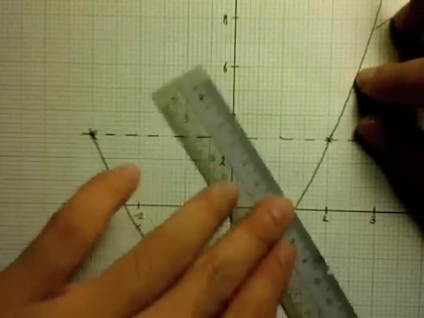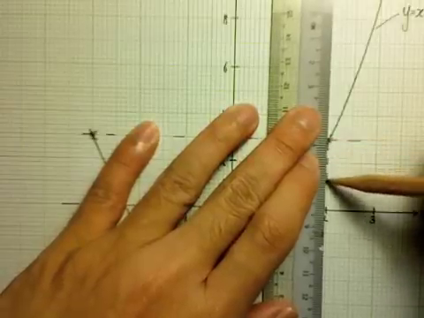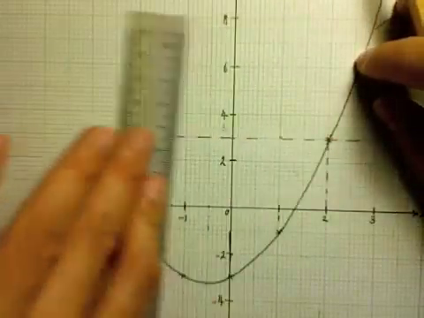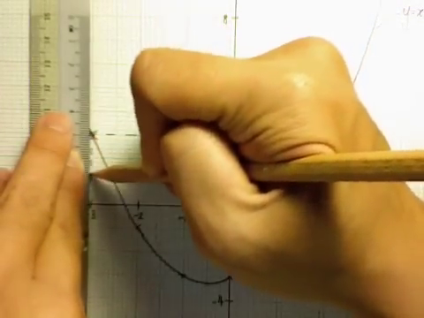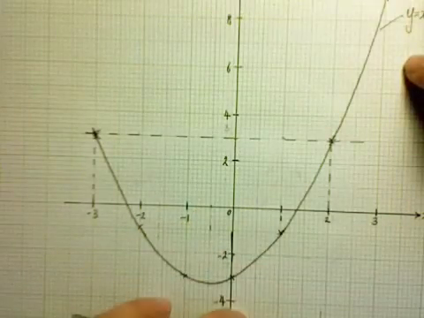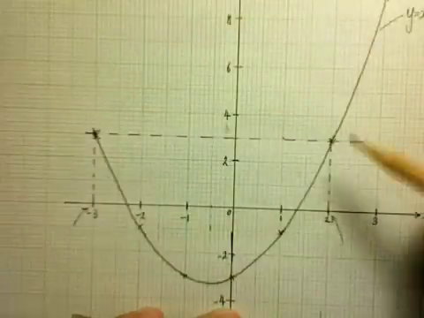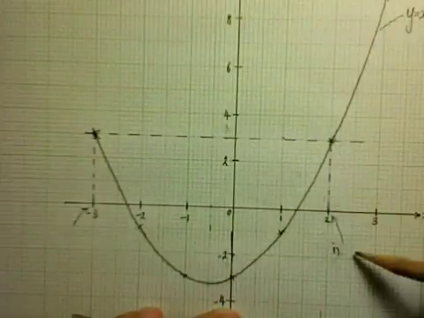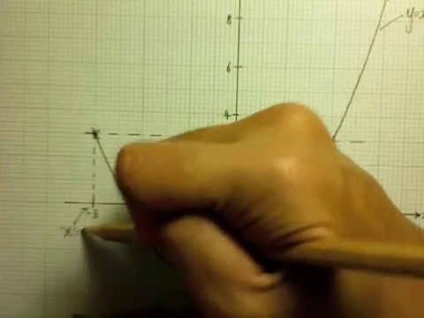Now the third step, we draw a vertical line downwards from the intersection point to the x-axis. Lastly, we just read the value of the x-axis and that will be our answer. So for this case, x will be equal to 2 and x equals -3.